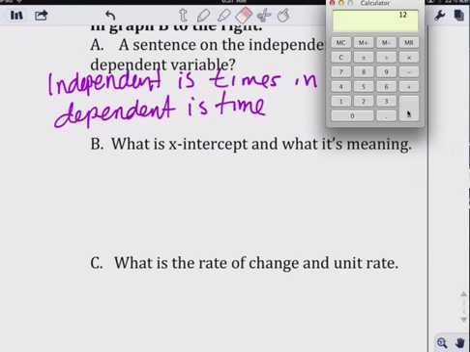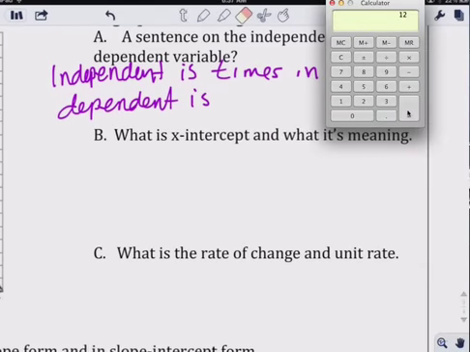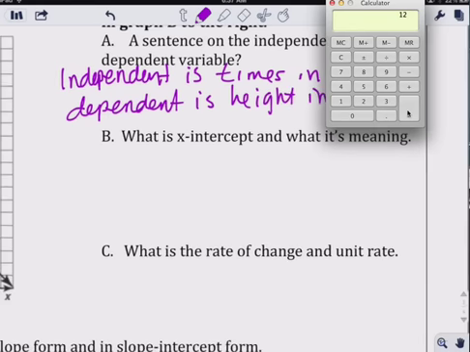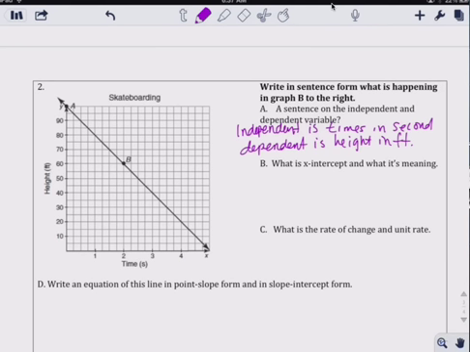Oh, dependent is height in feet. Oh, sorry, I didn't realize this is here. Get my height in feet. Most kids know this.